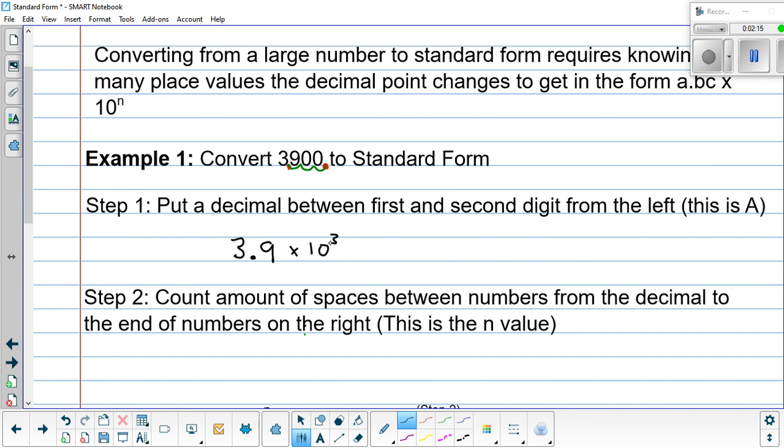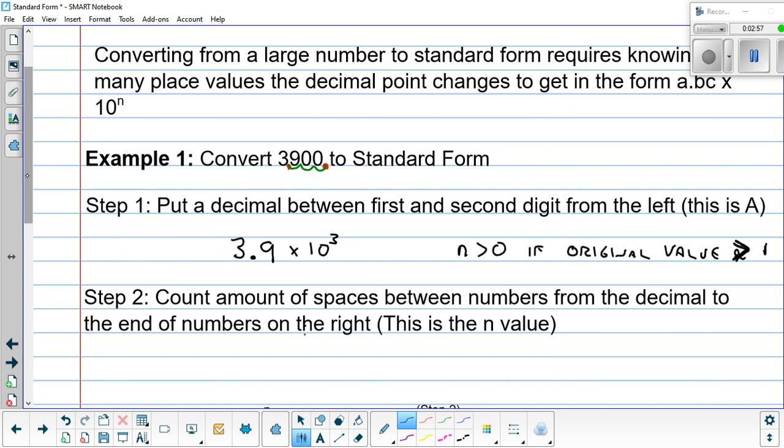It's always going to be positive if the original number, our original value given, is greater than 1. Basically, if you start off with something less than 1, it'll be negative. Bigger than 1, it'll be positive.